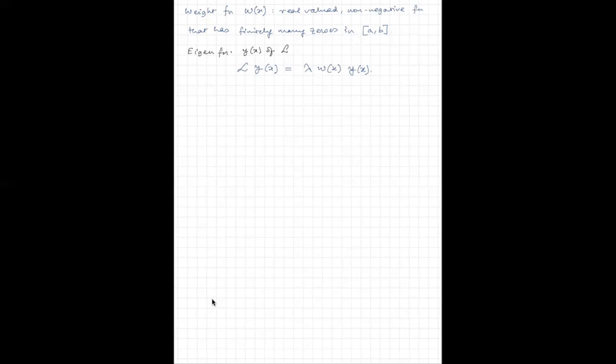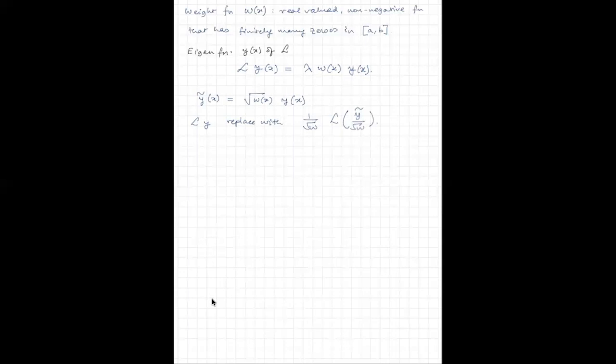What you have to do is take y tilde, and replace L of y with 1 over square root of w times L of y tilde by root w.